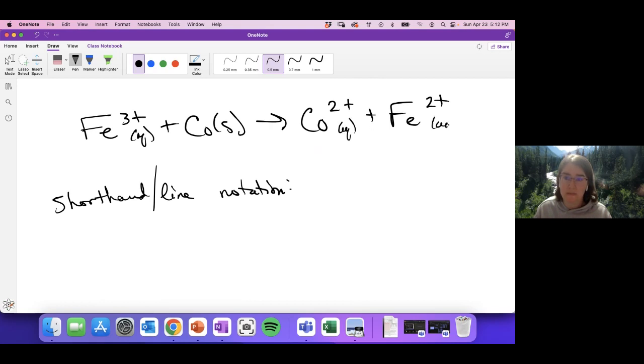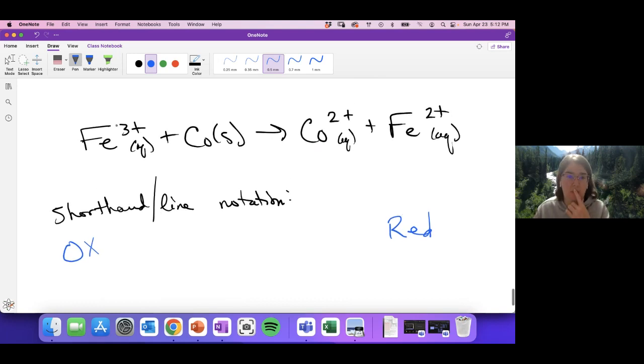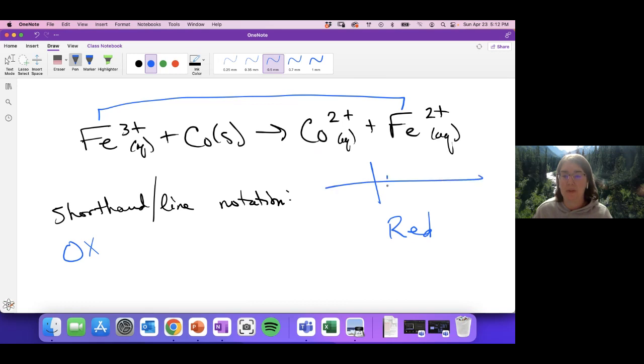When I do this, one of the nice things is that this is just read left to right. I do also put oxidation on the left and reduction on the right, so I do have to identify those. I'm looking for my iron. This one's a little bit clearer just because there's no oxygens involved. Here I'm going from +3 to +2.